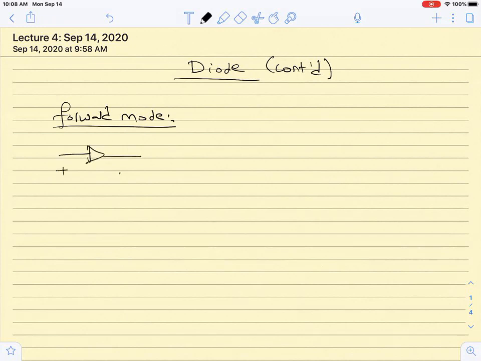This is a plus minus V, and the current always flows in the direction of the arrow of the diode. In the forward mode it is on, and if it is on, it acts really as a short circuit. We said that the voltage of the diode is equal to 0.